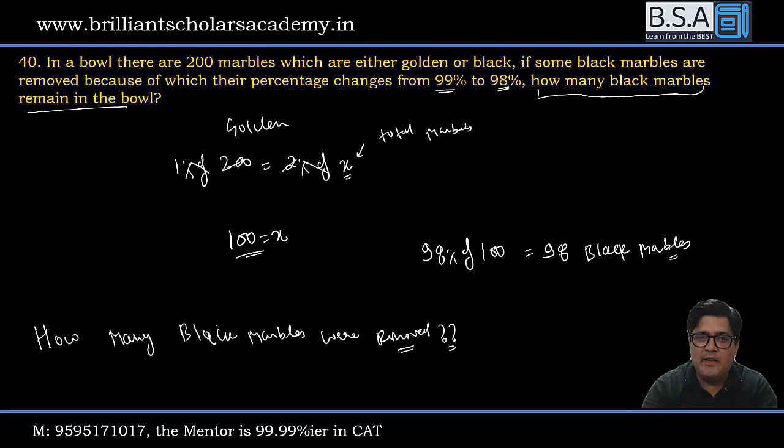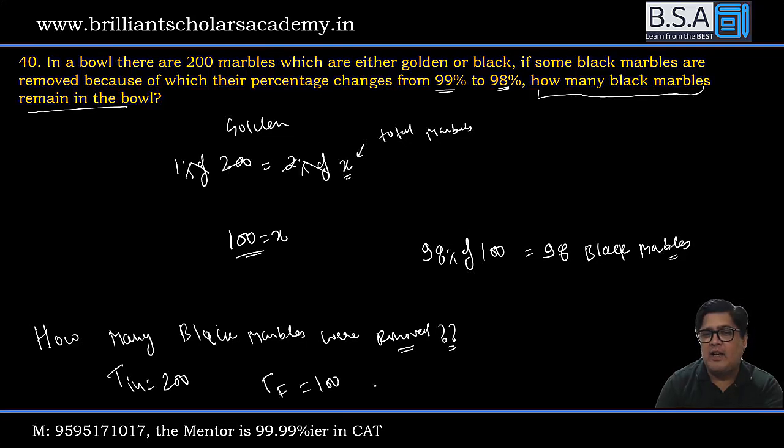Rituraj, this will clear your doubt. See, total marbles initially were 200. Total marbles finally are 100. So how many have been removed? Removed is 100, which is black marbles.